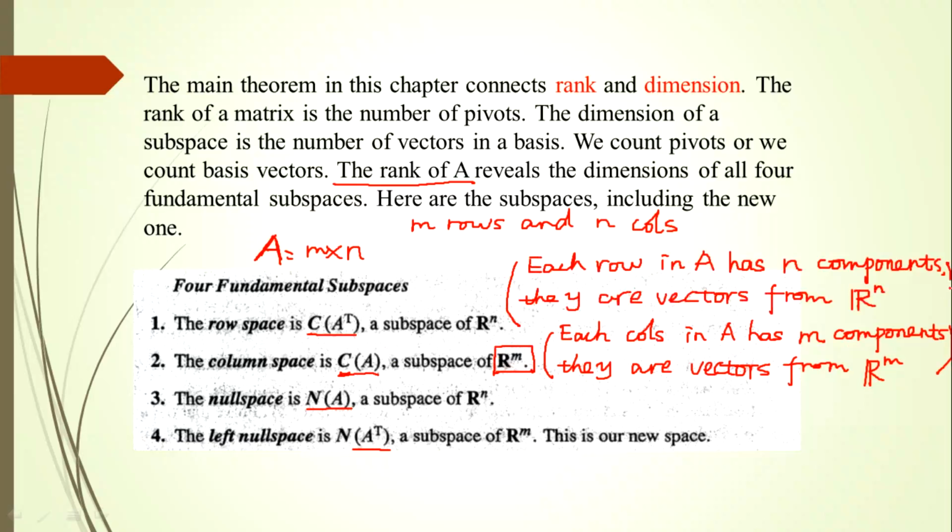The pivot rows in matrix A span the row space of matrix A, which is the same as the column space of A transpose. So the row space is a subspace of Rn. That is what we said.